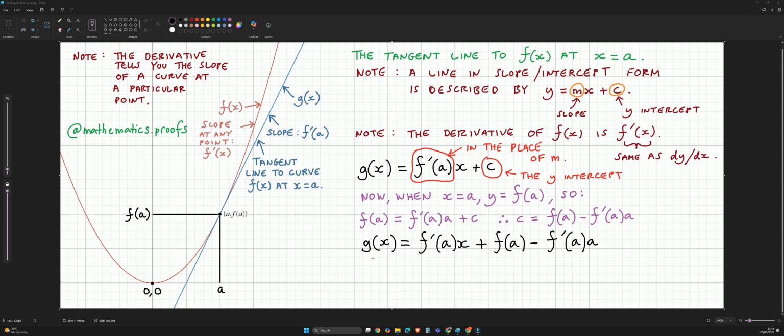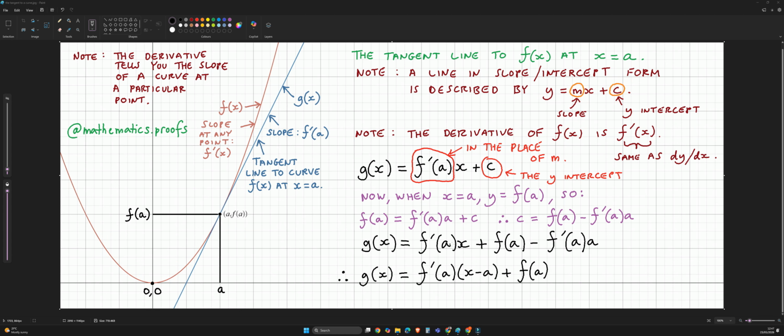And this ultimately means that g(x) is f'(a) times x plus f(a) minus f'(a) times a. That c was replaced with f(a) minus f'(a) times a.